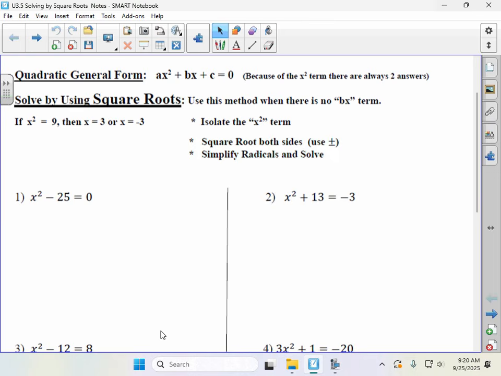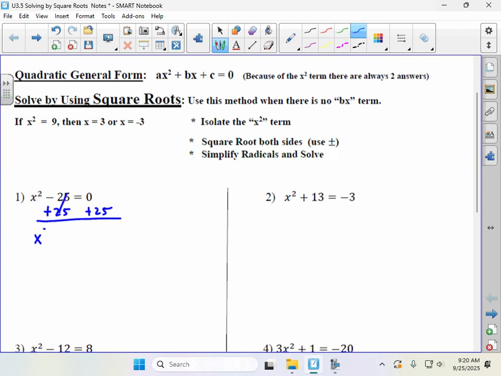The first thing we're going to do is isolate that x squared term, so we add 25 over. We get x squared equals 25. Now we can square root both sides. On the left side, when you square root a squared term, they cancel each other out because they're inverses of each other, and you get x equals.